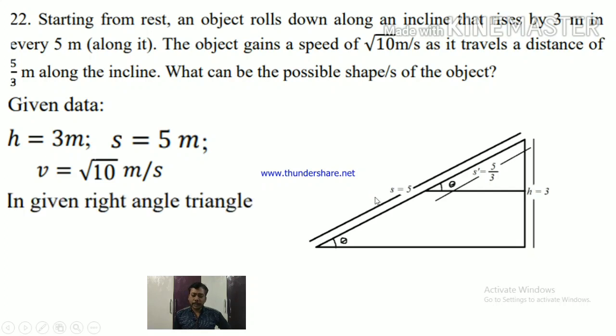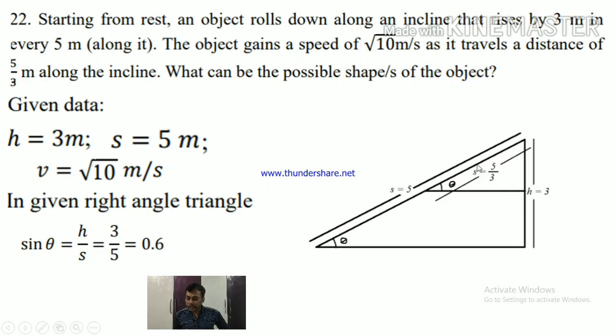In the given right angle triangle, if we take sin theta is equal to h upon s, that is 3 upon 5, that is 0.6. But as we observe in this right angle triangle and take a distance s dash, that is 5 by 3 meter, a second right angle triangle is there, and in this triangle we also use sin theta, but here sin theta is h dash upon s dash.